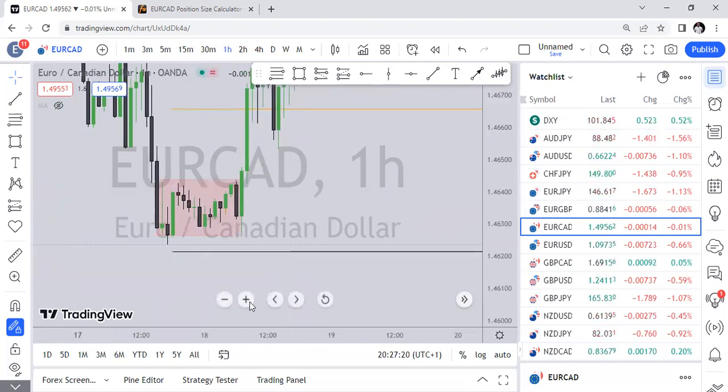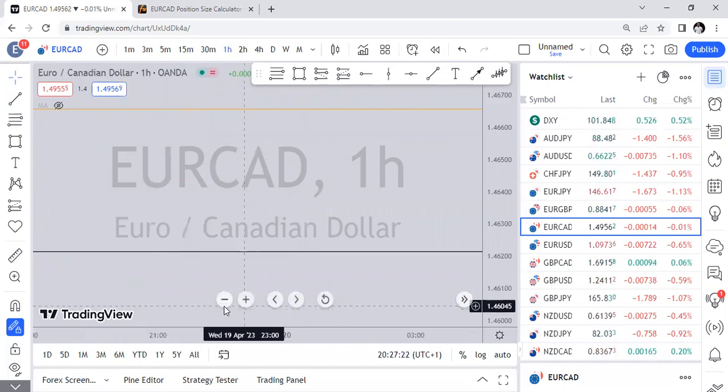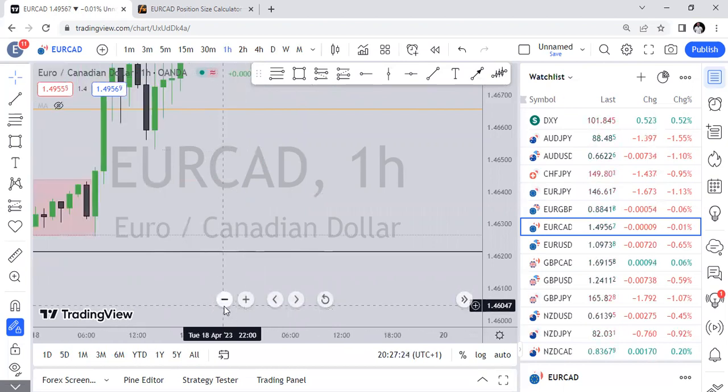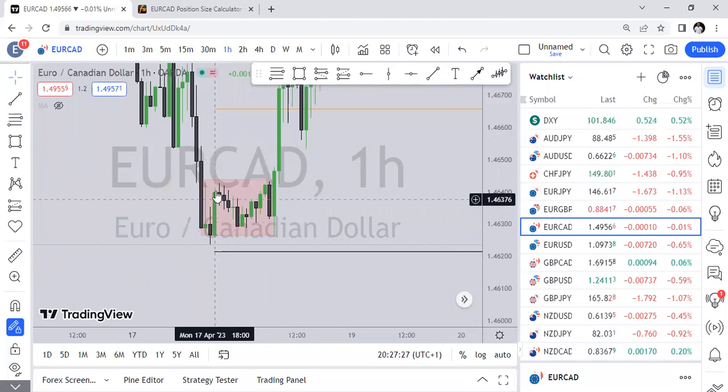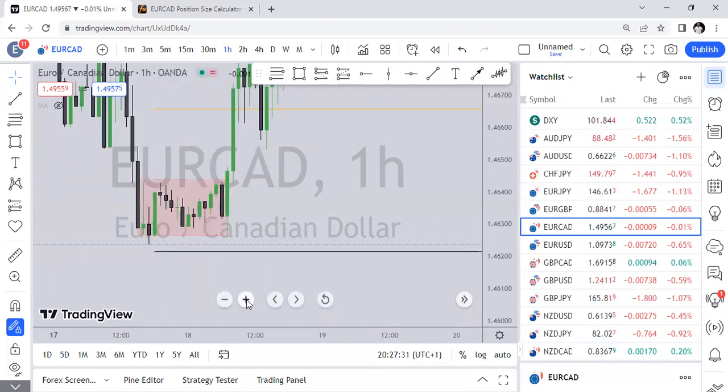The same thing happened here. This too was an engulfing candle. This one too was an engulfing candle. Now, why is it called an engulfing candle? It's called an engulfing candle because it engulfed the previous candle.